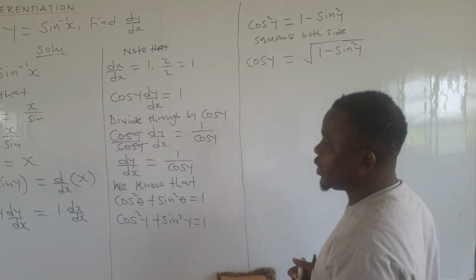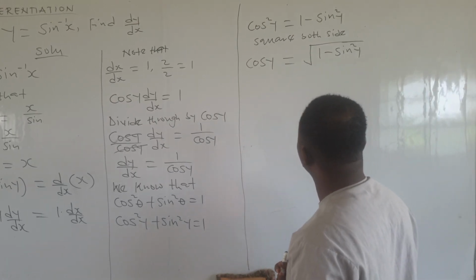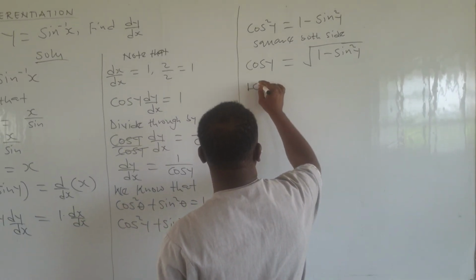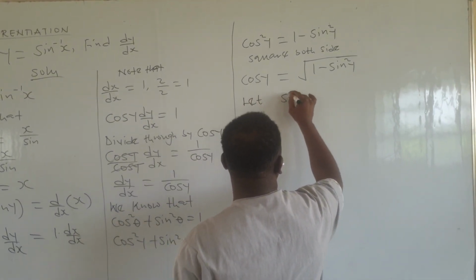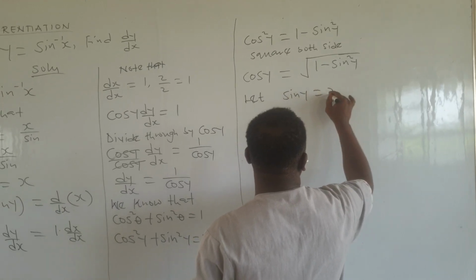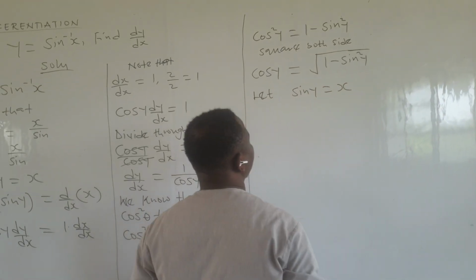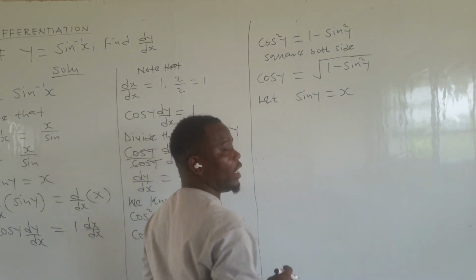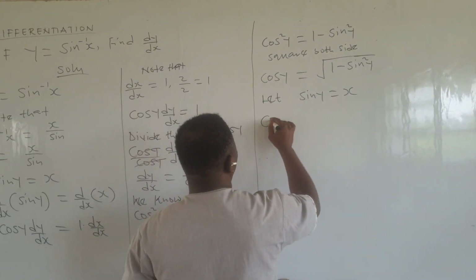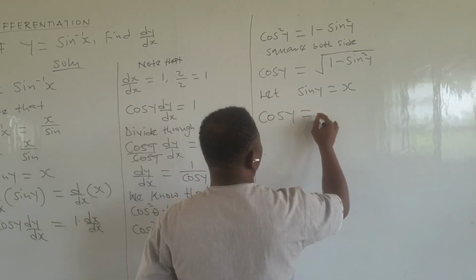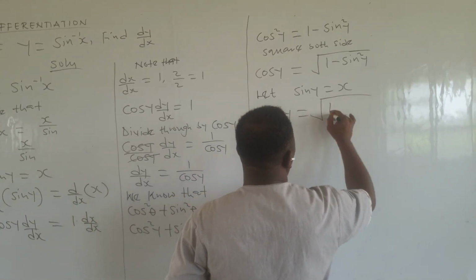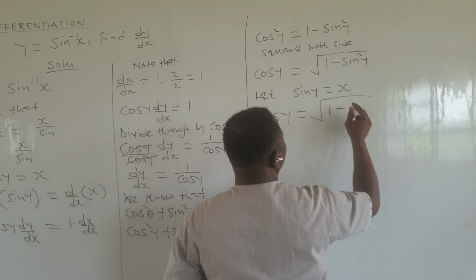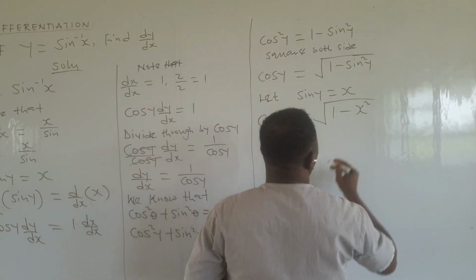But let us try to do something. Let us have sine y equal to x. So it implies that if we let sine y equal to x, our cos y is equal to the square root of 1 minus, since sine y is equal to x, it will now be x squared.